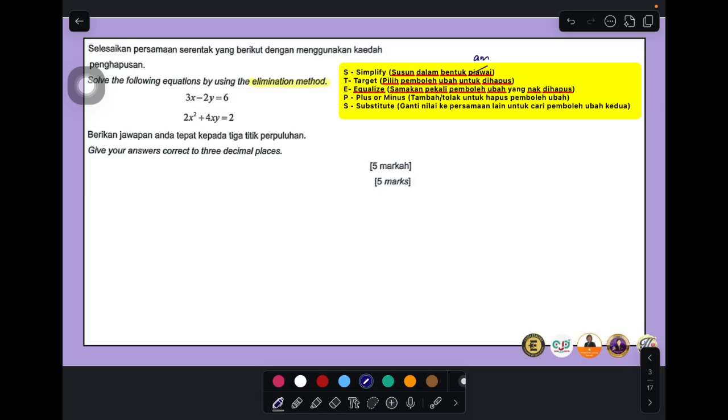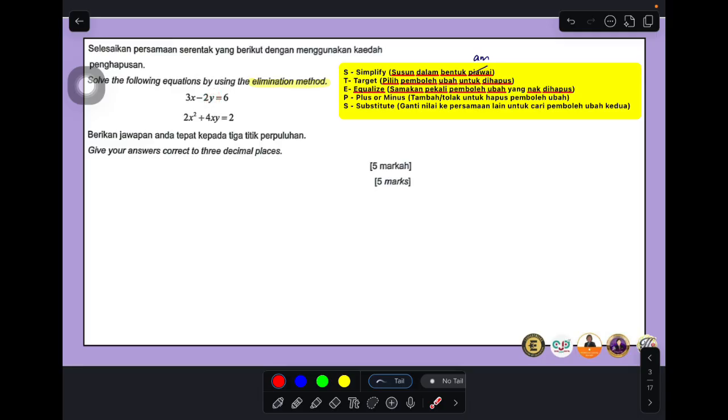Alright, so the T, target. You need to look at the equations and choose which variable you are going to eliminate. You nak hapuskan x ke, nak hapuskan y? So you perlu target dulu, tengok mana yang mudah. Kemudian baru equalize, samakan pekali pemboleh ubah yang nak dihapus. Let's say you want to eliminate the y.